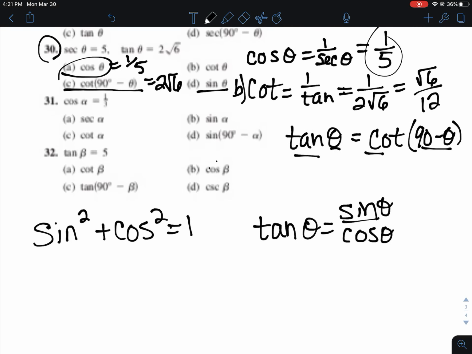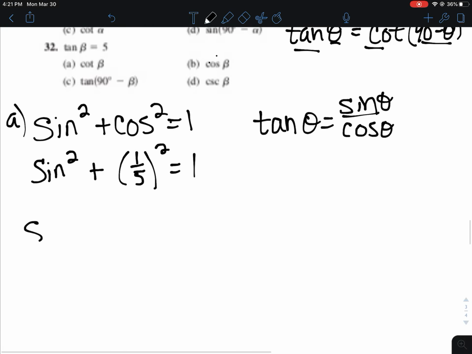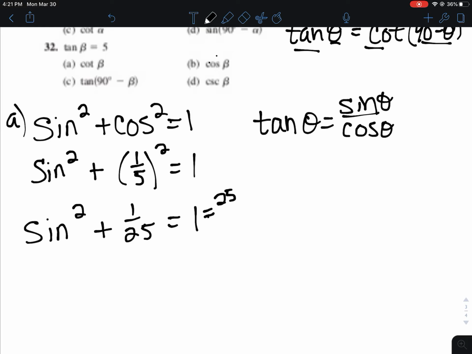So if I did the first option, option A, we'll call it, sine squared, we don't know, so I'm going to leave sine squared, plus cosine squared, well, cosine is 1/5, is equal to 1. So sine squared plus 1/25 is equal to 1. 1 is equal to 25/25.